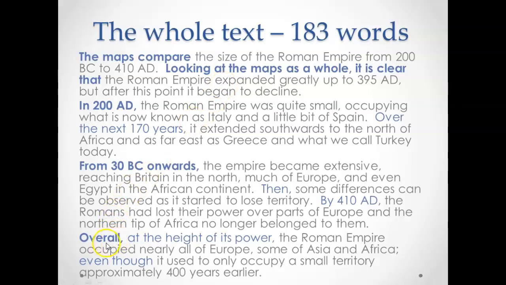And at the end, overall, the clearest feature. This is another extremely important thing for Task 1. You have to identify the main features. So, I wish you all the best if you get to compare maps in your IELTS exam.